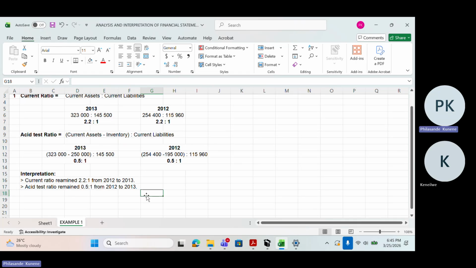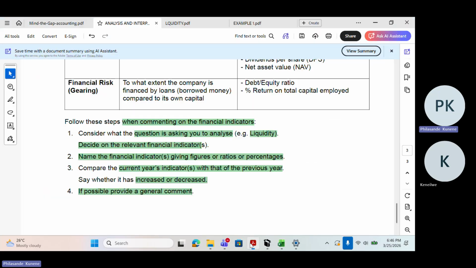Now, in this situation, you have stated the trend. We call this a trend, where you're just stating whether it has improved or declined, increased or decreased. Then, if possible, provide a general comment.